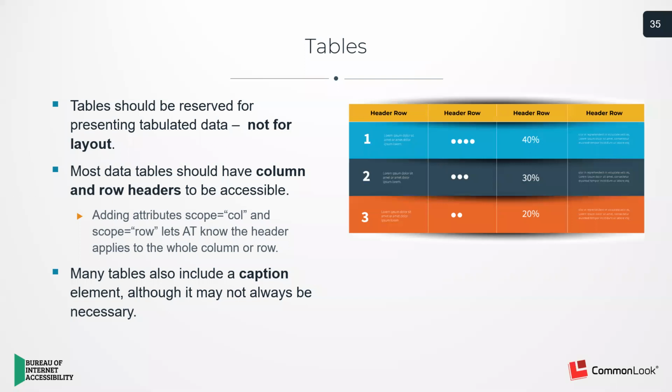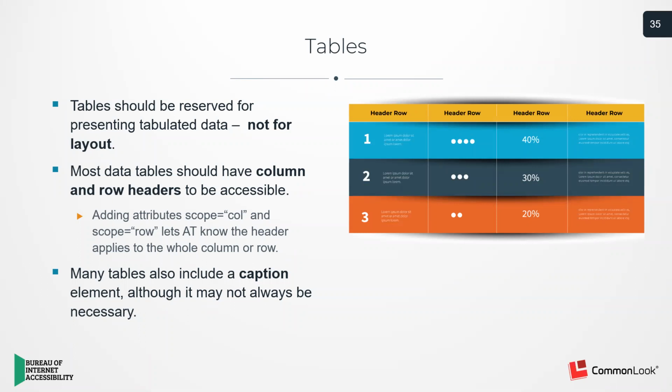If you do have a table that's used for layout and you cannot avoid it, or you have inherited some code you can't change, what you can do to that table to stop assistive technology recognizing it as a table and announcing it annoyingly and incorrectly to assistive technology users, you can actually add a role equals presentation to the table.